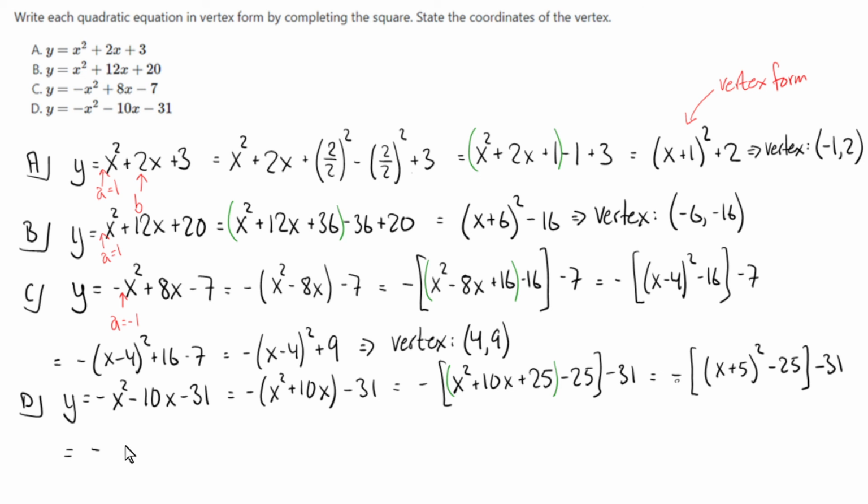So we're going to get negative x plus 5 squared plus 25 minus 31. We combine the two numerical constants. 25 minus 31 is -6. And the coordinates of the vertex are going to be -5 and -6.